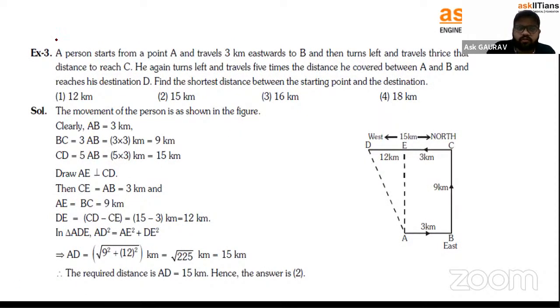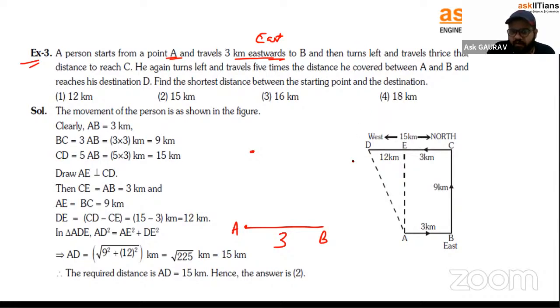Okay, one more question. A person starts from point A and travels 3 kilometers eastward, basically moving east. Okay, let's say he starts from point A. He moves 3 kilometers east to B, right?